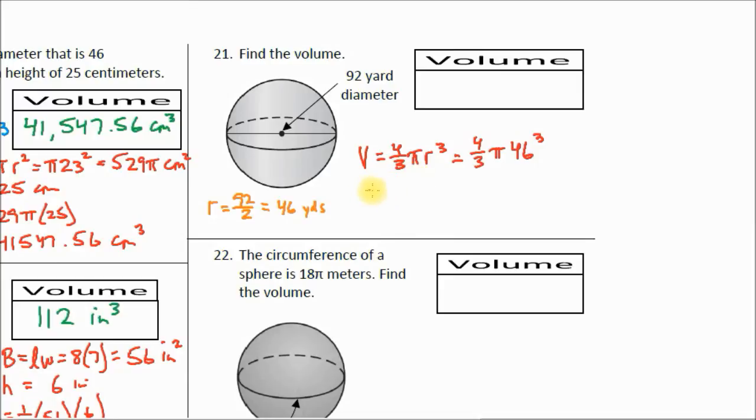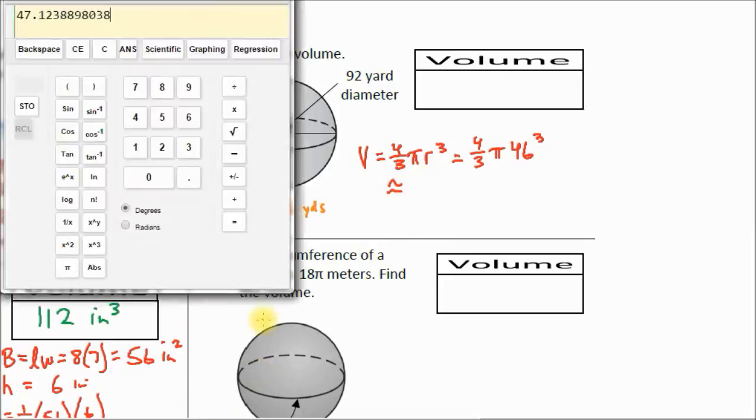Let's go ahead and put that in our calculator. I'm going to say this is going to be an approximation. Let's try this. We've got parenthesis 4 divided by 3, close parenthesis, times pi times 46. And we're going to use our exponent key raised to the 3rd power and press equal.